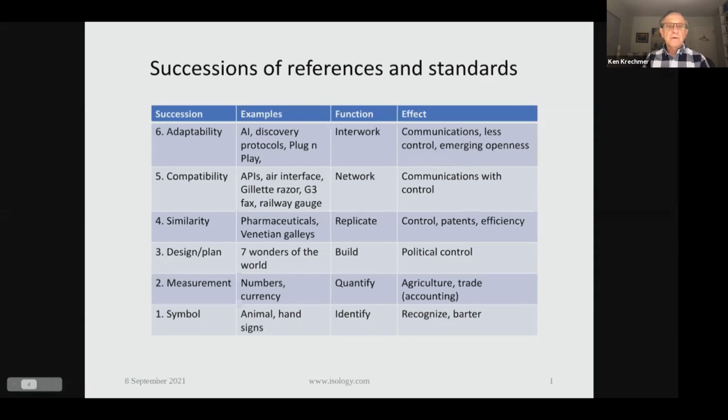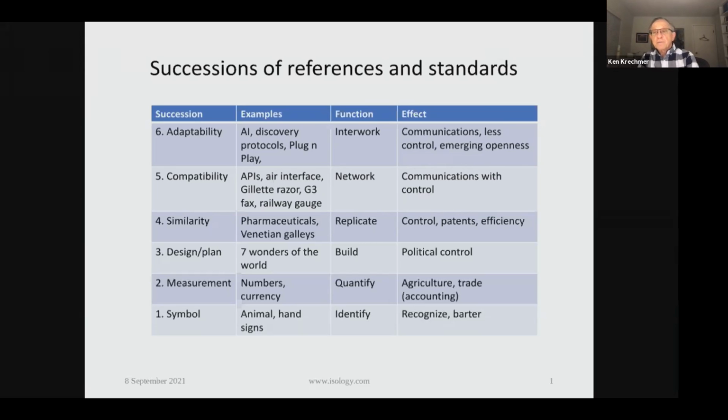And moving into more current times, we have APIs, application programming interfaces, which I'm using here really as software interfaces, the interface between two piles of software that are doing some related process. And so what we have today is communications with control.